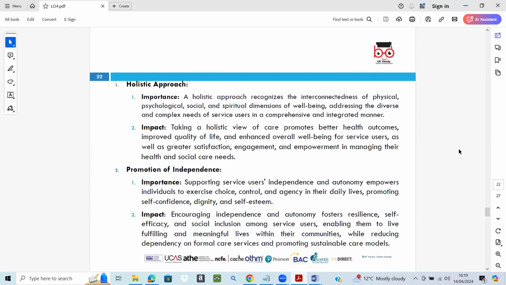It involves a comprehensive and integrated approach that ensures care meets all the diverse and complex needs of service users, not just their medical or physical needs.